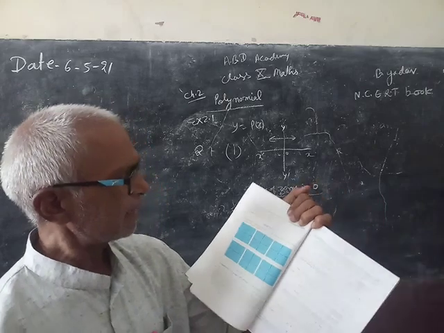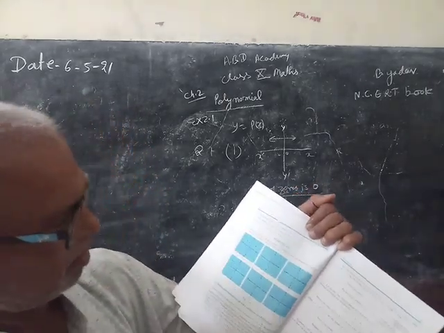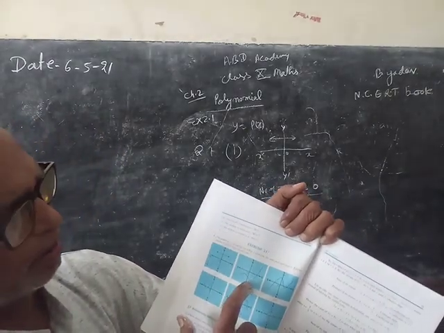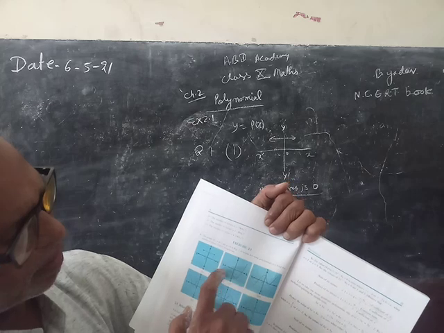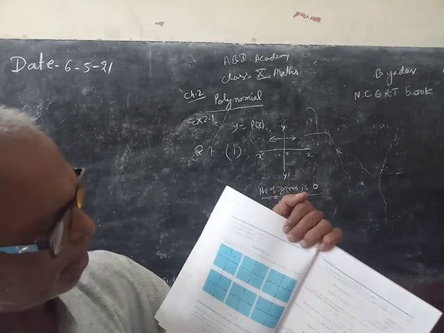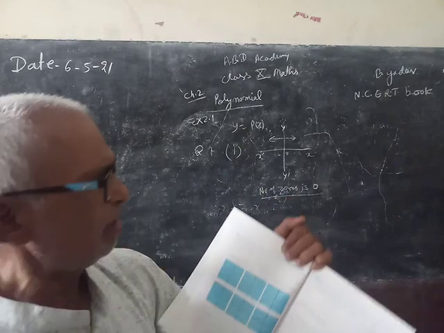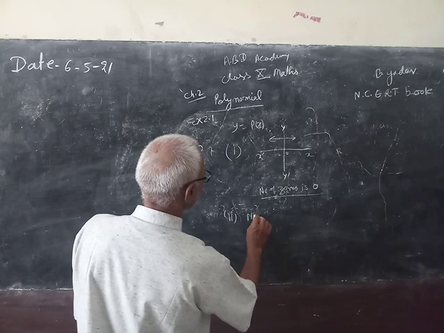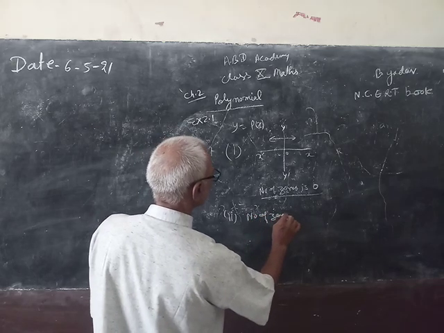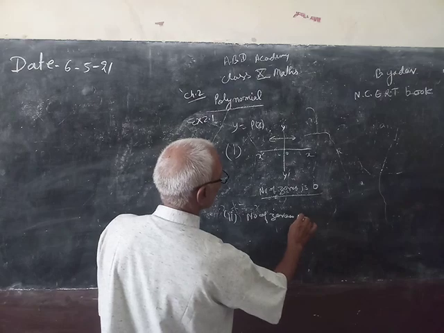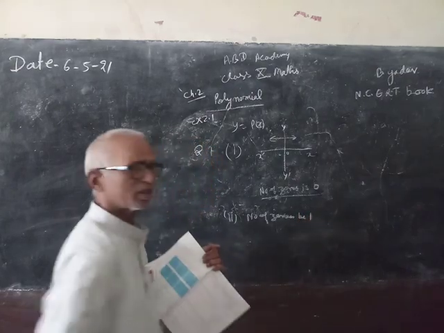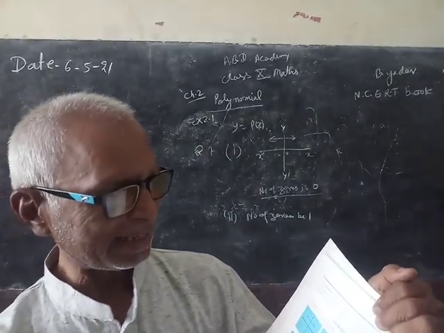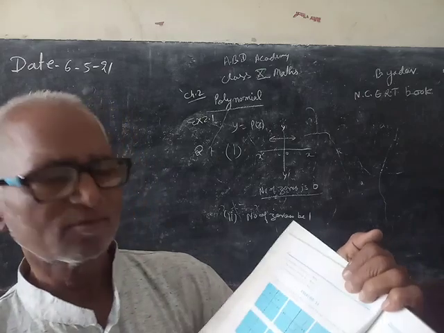In second part, the graph cuts the x-axis at one point, so the number of zeros will be 1.